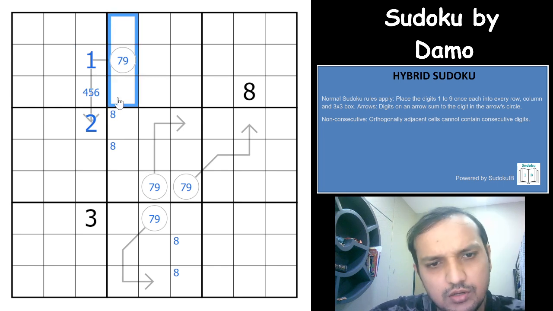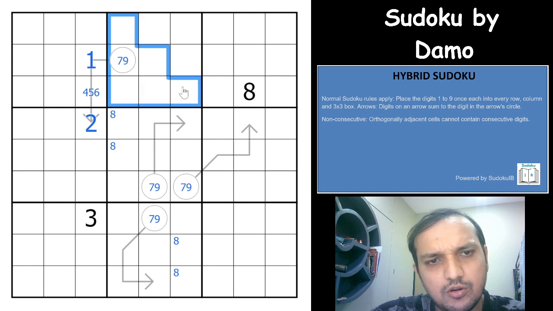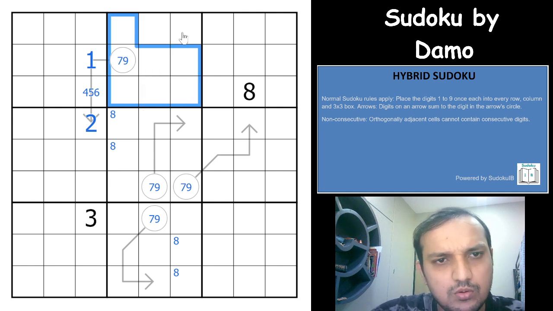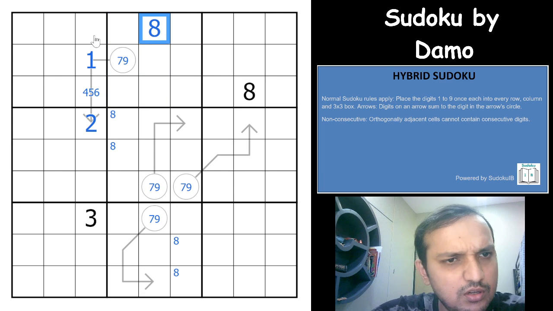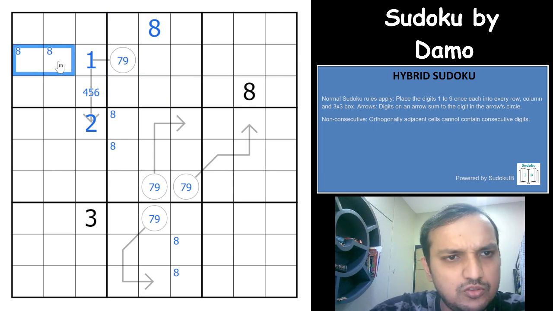Eight cannot be here. Eight cannot be here. Cannot be here. Oh, there's an 8 here. Amazing. That gives you 8 in one of these two cells.